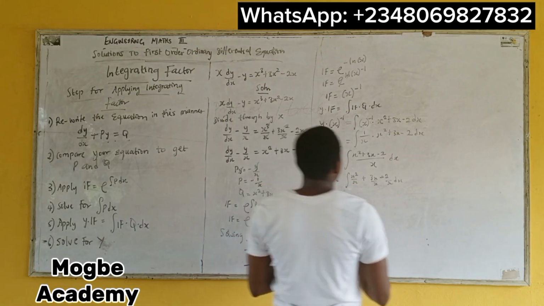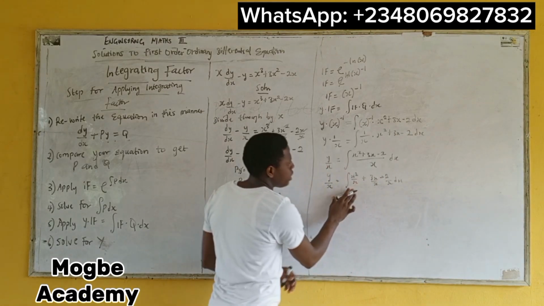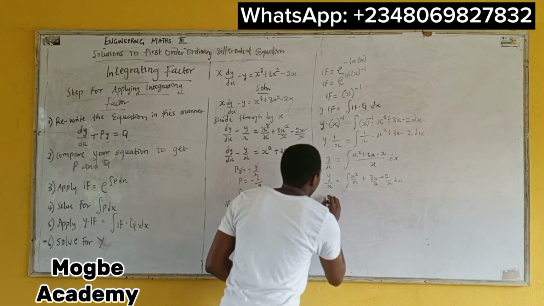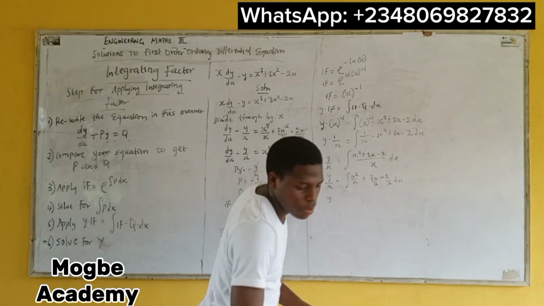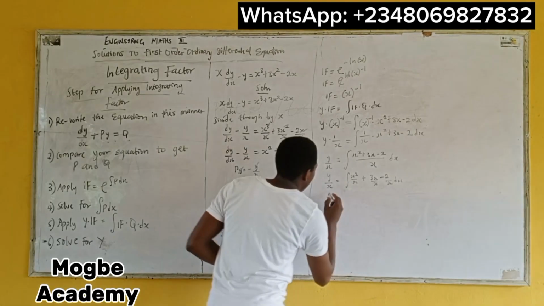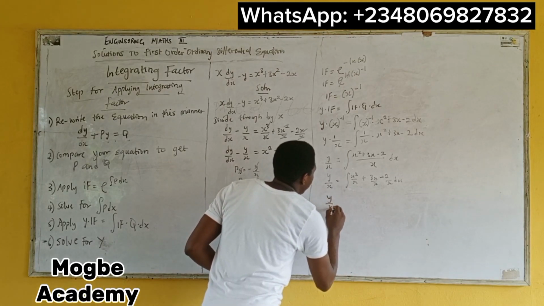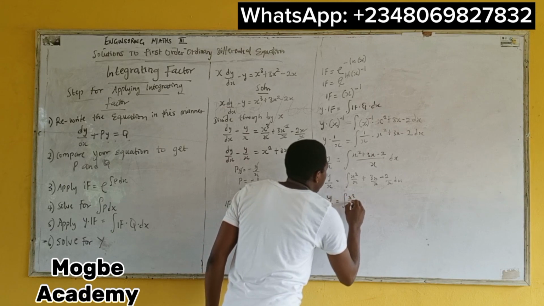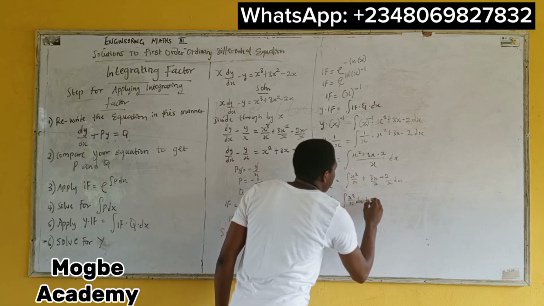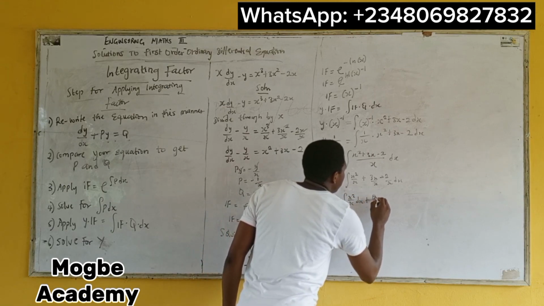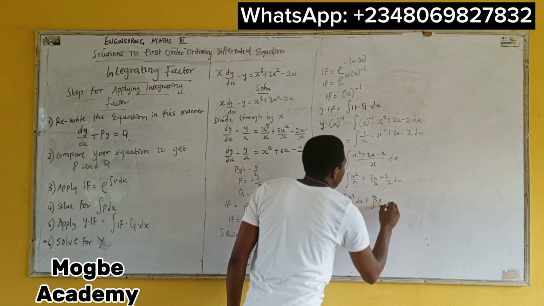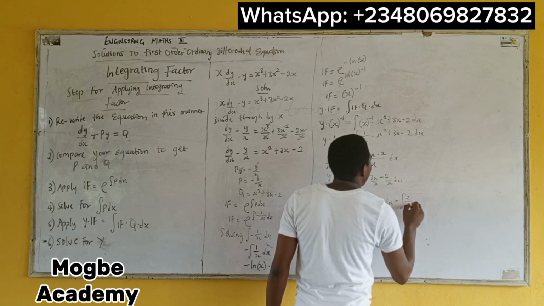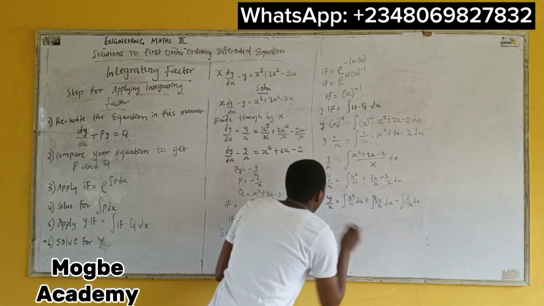So if you look at this, this can be written as y over x equal to integral of x squared over x dx plus integral of 3x over x dx minus integral of 2 over x dx. You'll be left with what?